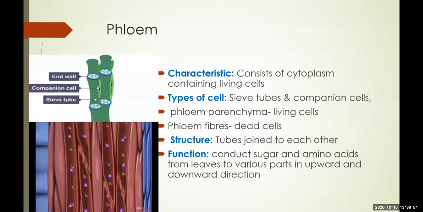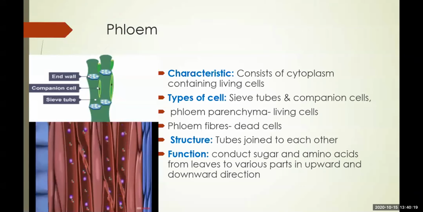Xylem is present in the form of connected tubes forming the pipeline. The major function of xylem is to conduct the water and minerals present in the soil to the upper parts of the plant. So the flow of the water and nutrients is always unidirectional, meaning in one direction.